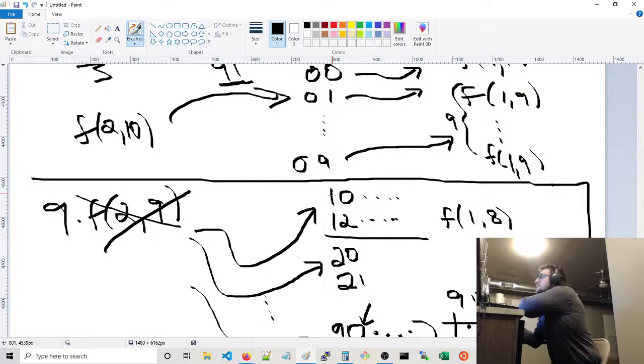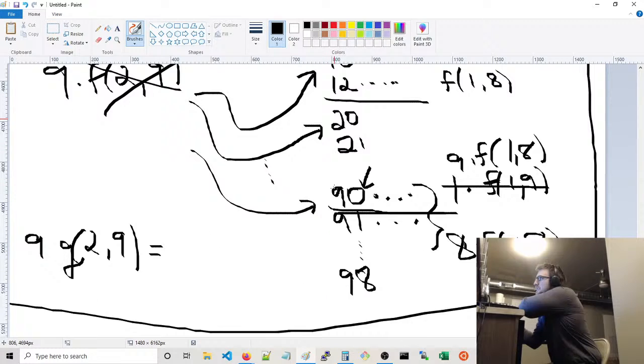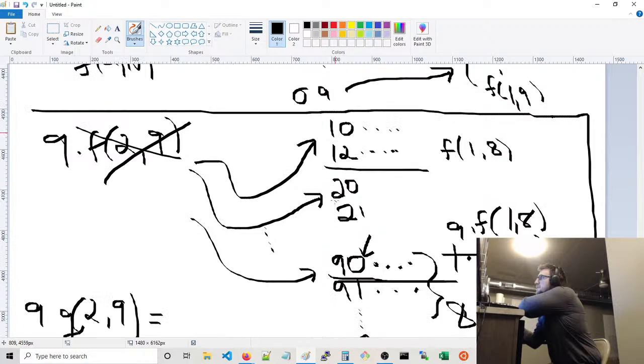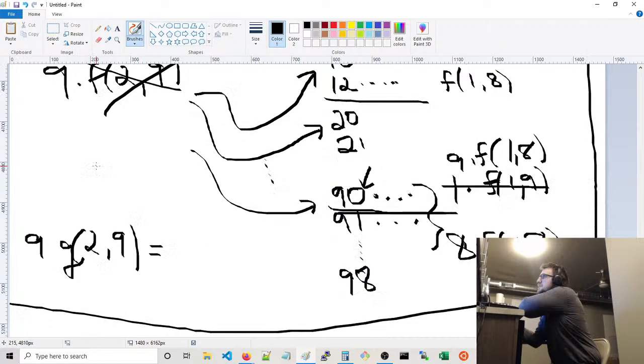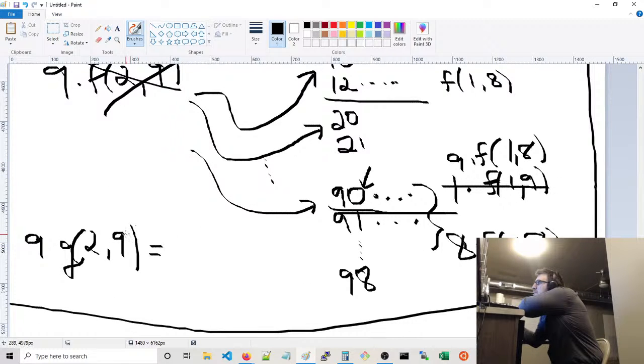G of 2, 9 gives you a leading number that's not a 0, and so now you can no longer have as many zeros as you want in the front. Of the 9 numbers, so you selected a number 1 through 9, they have g of 2, 9 choices and one less digit to pick from.